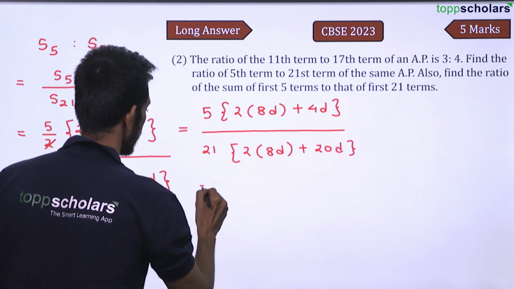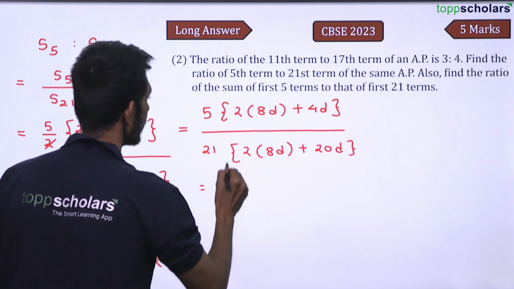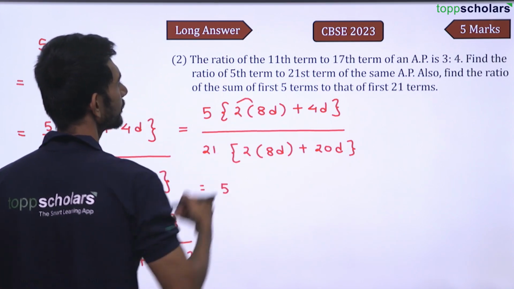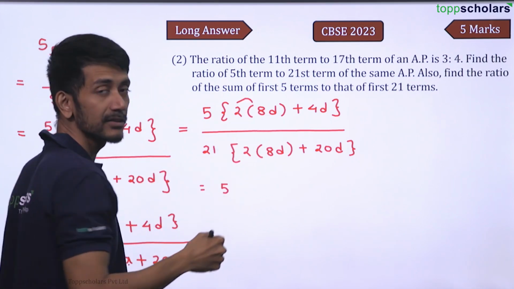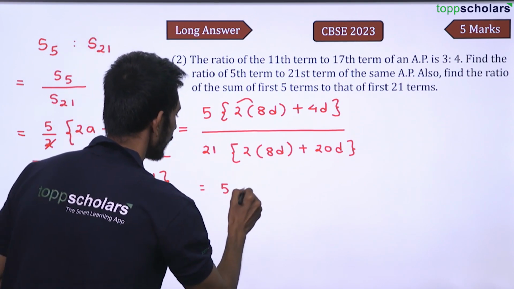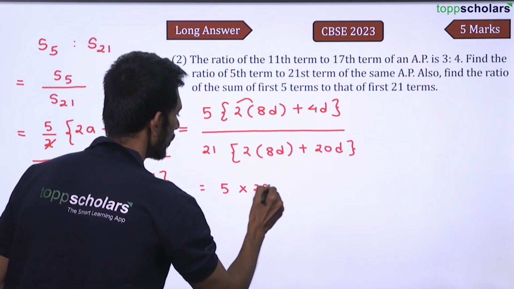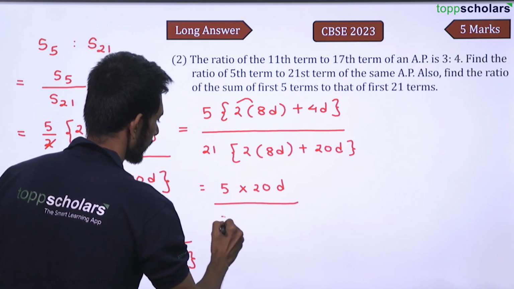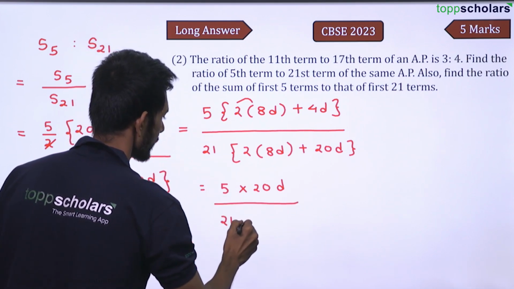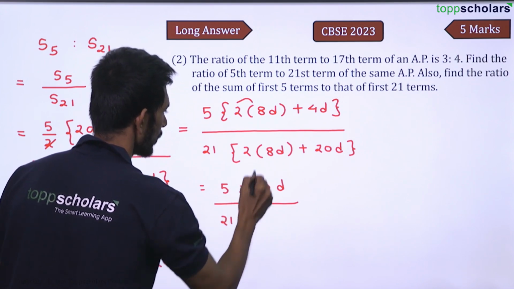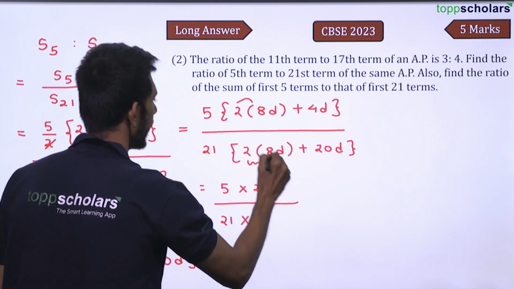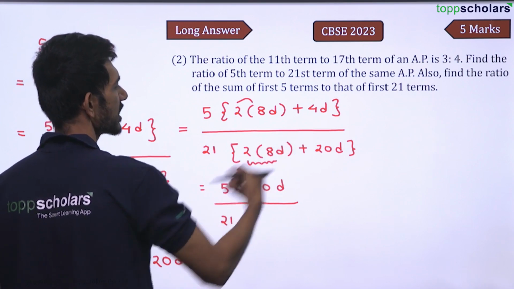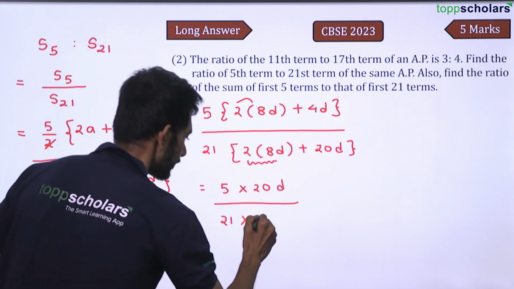So this is further equal to 5 into 2 8s are 16, 16d plus 4d is 20d. So 5 into 20d by 21 into 2 8s are 16, 16 plus 20 is 36.